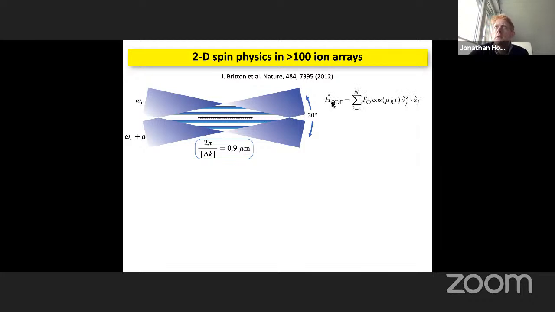So this leads to a term, which is this state-dependent force I told you about the other day, right? There's some sort of modulation frequency, but otherwise on any particular spin, there's a spin operator which is coupled to the axial position of that ion. So that's the coupling that gets used.